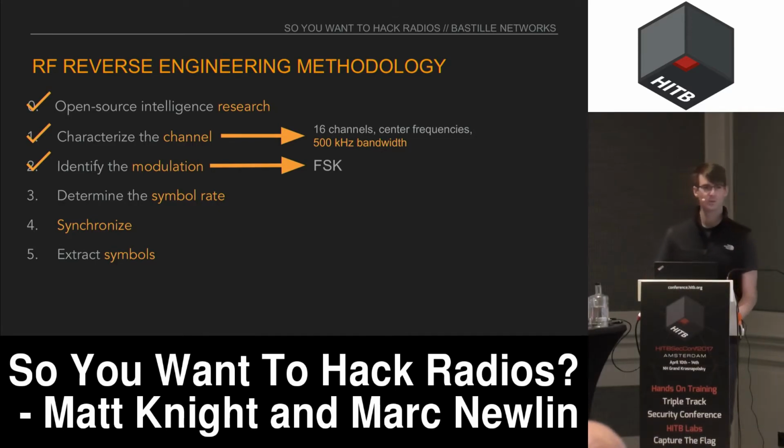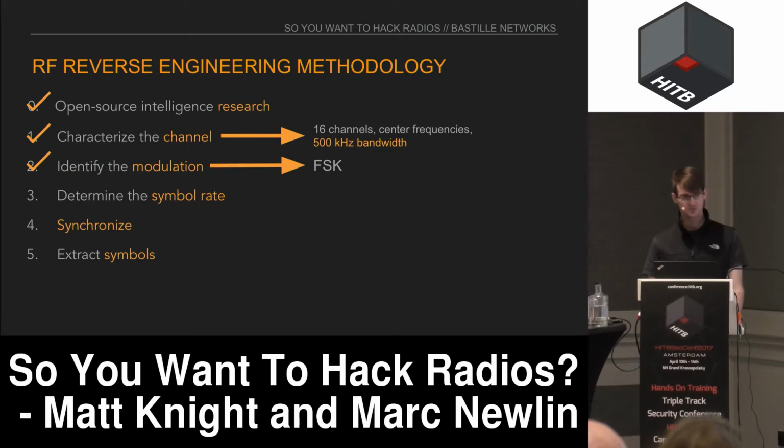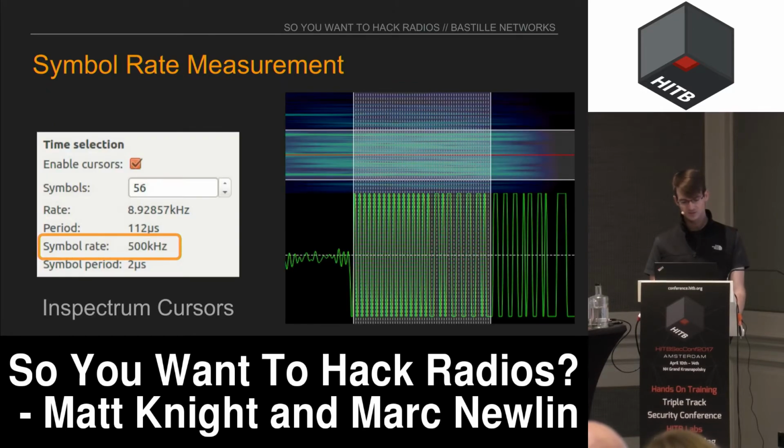Another element that we weren't able to recover through open source research is the symbol rate. But that's okay, because that's another thing that we can discover empirically. To discover the symbol rate empirically, I like to use Spectrum again, because Spectrum has a really useful tool called cursors. Basically, you can break out a generic FSK or on-off keying demodulator, and it will produce this nice time series visualization of the data.